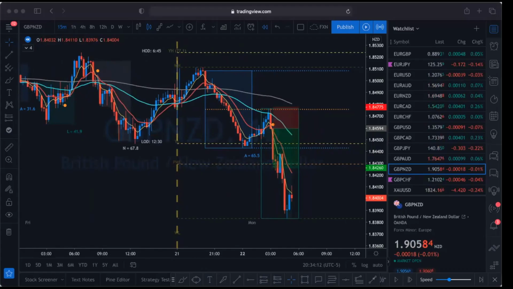You see that railroad between the red, blue, and then red again in the middle? Yes. Would it be irresponsible to enter right after that red candle, or something you probably wouldn't do? To enter a buy? No, to sell.